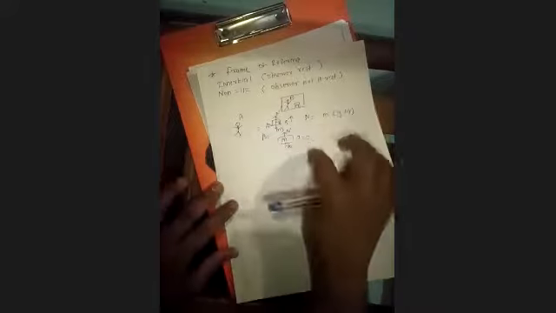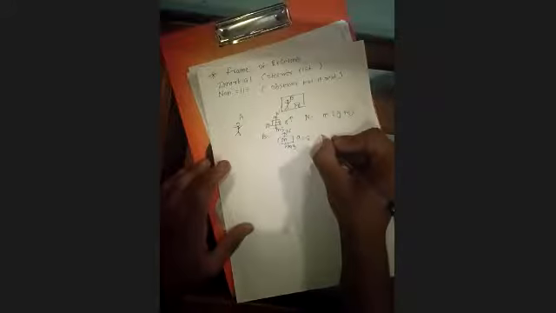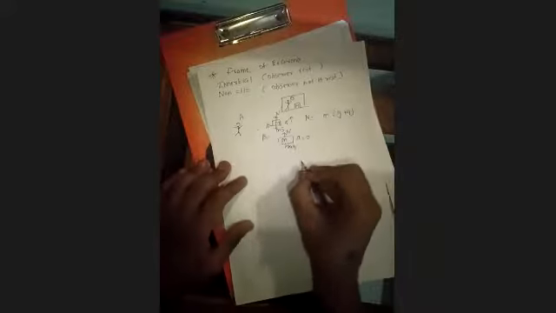But for the person in the elevator, the block has N upward, mg downward, but the acceleration is equal to 0 because both of them are moving upwards. So for him, the acceleration of the block equals 0. For this condition, we will get our conclusion like N equals mg.